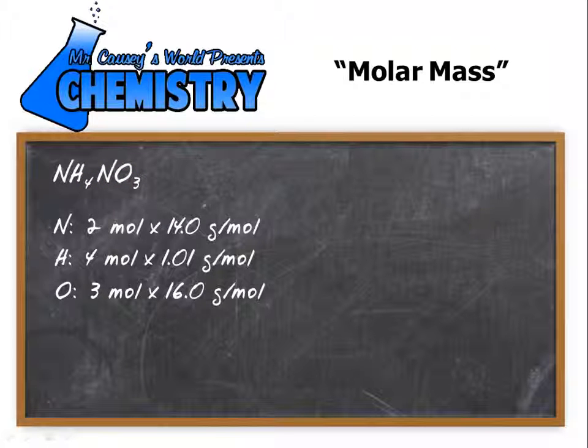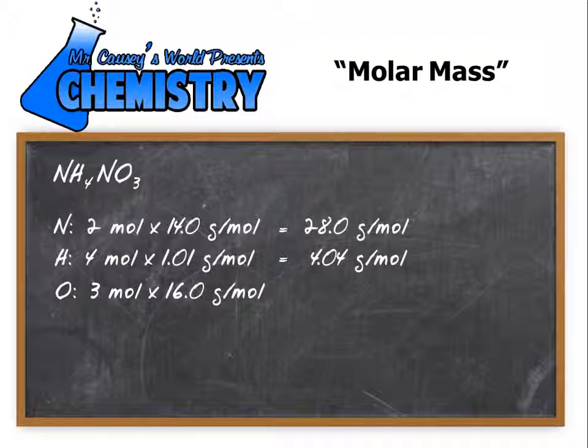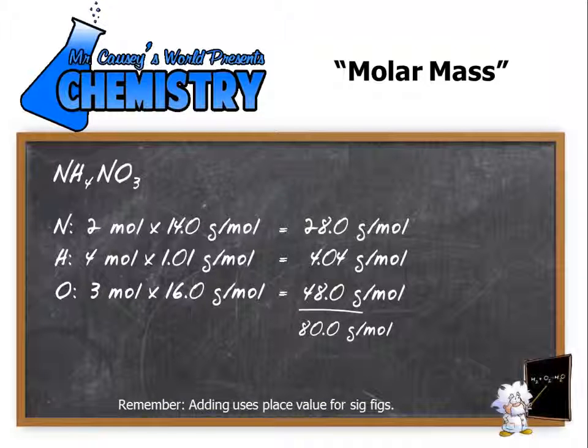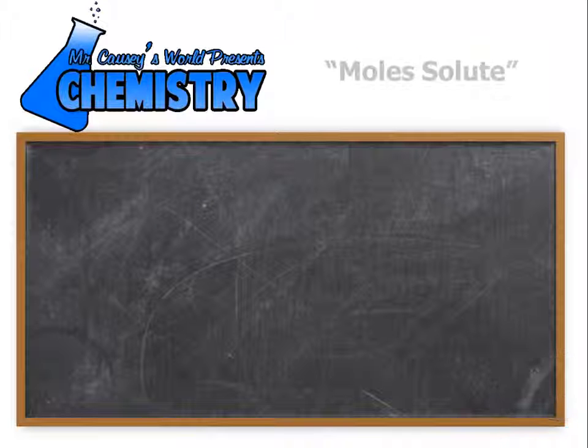Now that means we're going to take and write these all out and add them up. We have 28 grams per mole. That'll give us 4.04 grams per mole, and that'll give us 48.0 grams per mole. Add them up and we have 80.0 grams per mole, and I'm going to use 3 sig figs in this situation, or to the 10th place, and let's go to the next step.